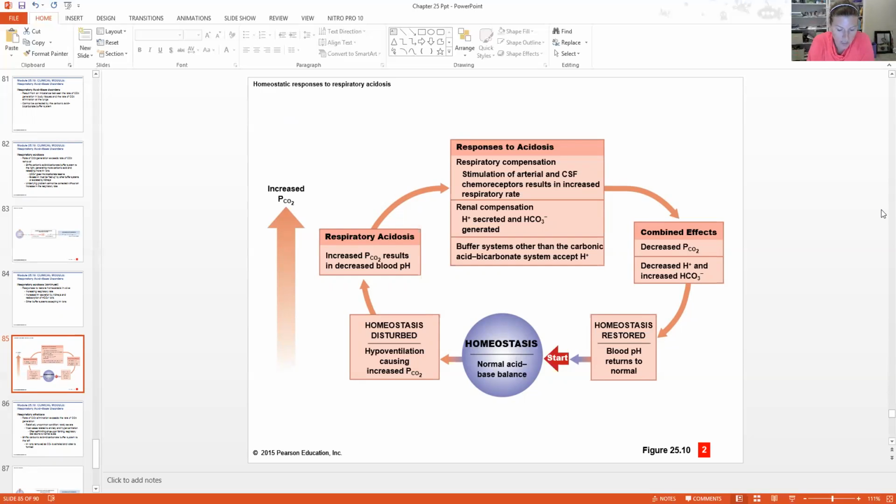The increase in rate and depth of respiration is going to help decrease the amount of CO2 in our body, and we're going to increase our hydrogen secretion at our kidneys, increase bicarbonate reabsorption at our kidneys, overall decreasing our partial pressure of carbon dioxide, decreasing our concentration of hydrogen ions, increasing our concentration of bicarbonate ions, getting our blood pH back to normal.